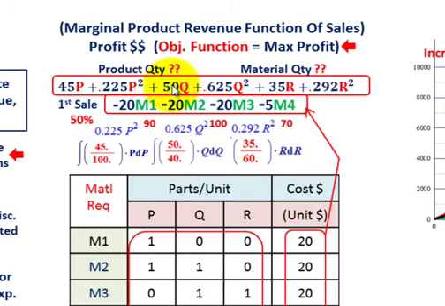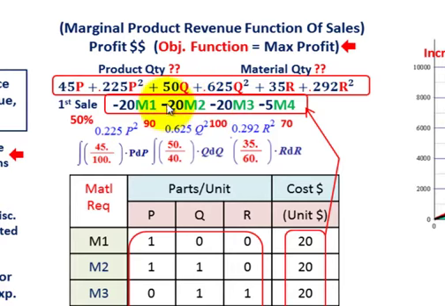We start out with 50 Q, then add its integral amount. And for R, we want to get up to a sales price of 70. We start out with that 50% amount, 35 times R, plus its integral amount, 0.292 R squared.